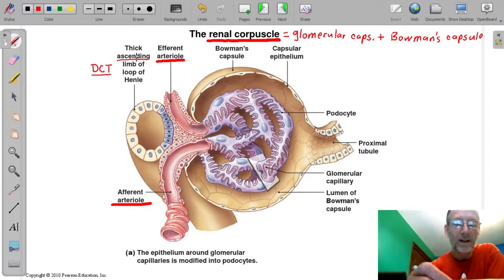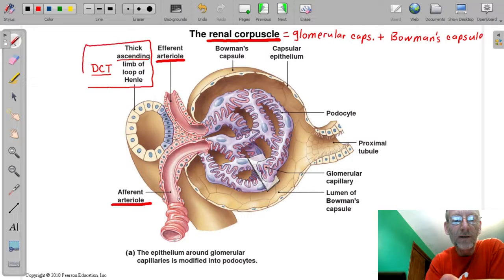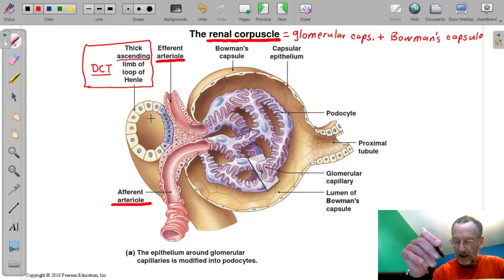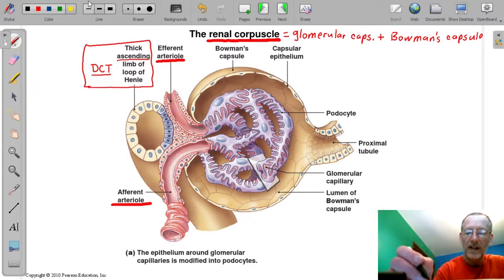But it's the same area. So if you appreciate where in that tubular system this is, you're good to go. And we will come back and talk about this structure and the juxtaglomerular apparatus later.